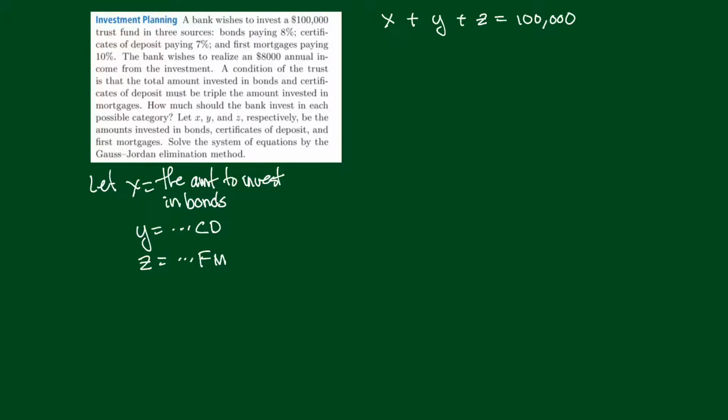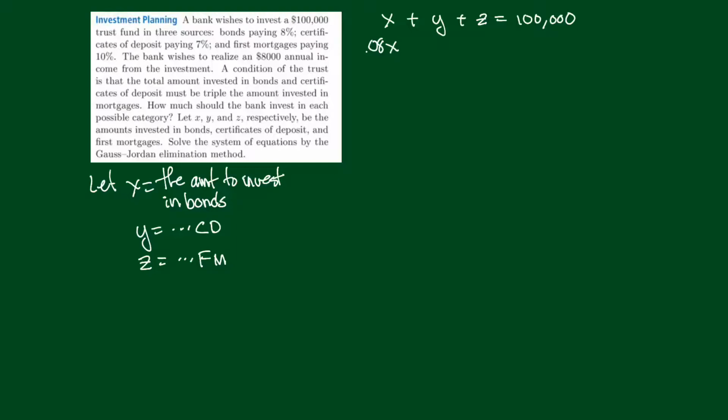So what are we told here? All right, bonds pay 8%, CDs 7%, and first mortgages 10%. So the amount of money that we make from these investments, we'll get 8% from the bonds. So 8%, 0.08 of the amount invested, and "of" is times.